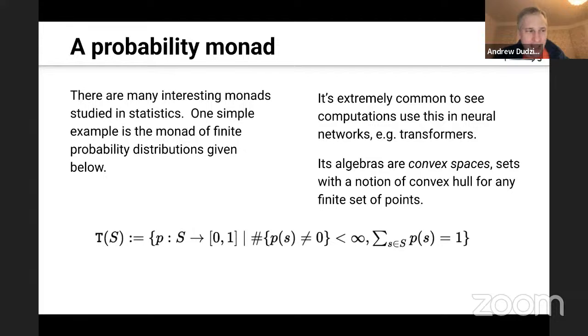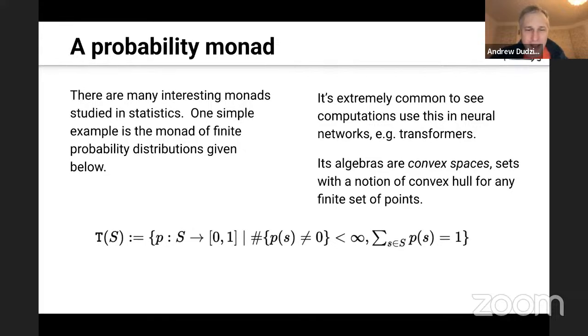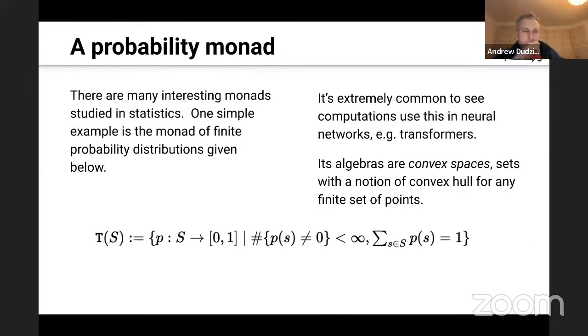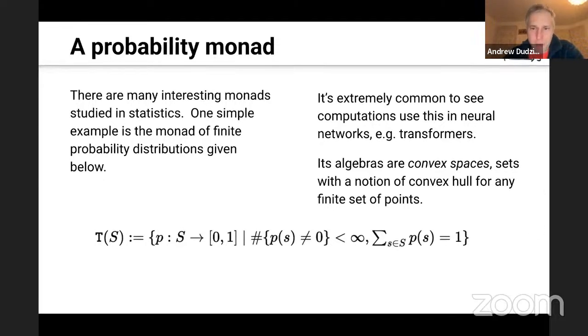If you look carefully at how original-style transformers are constructed using softmax, it's really related to this monad, because you really produce a probability distribution over positions. That's an important step in doing this computation in transformers.